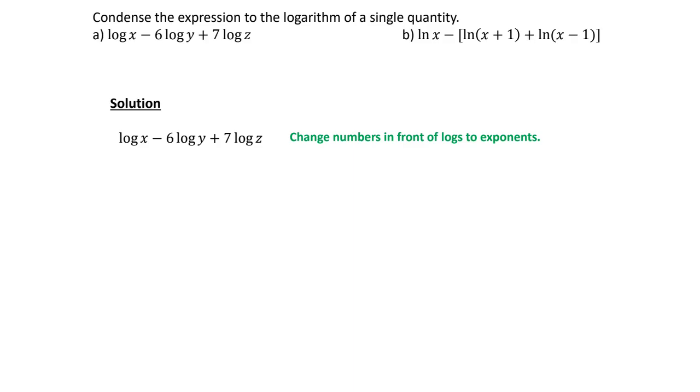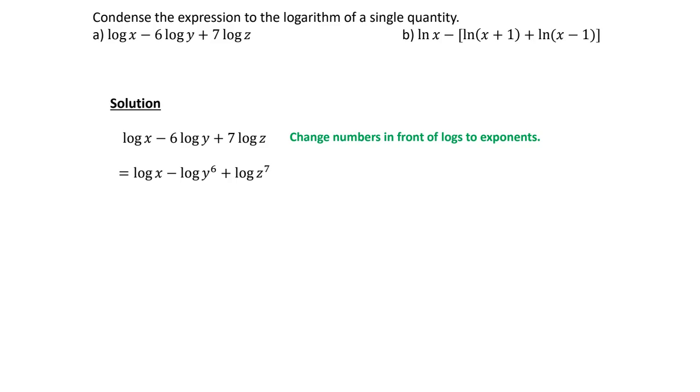First I have to follow a kind of order of operations. I have to see if I have any numbers that are being multiplied to the log, and if I do, that means that these become exponents. This is the power rule. I had a 6 being multiplied to this log, so this 6 becomes an exponent on the y.